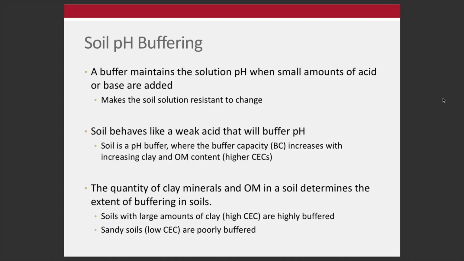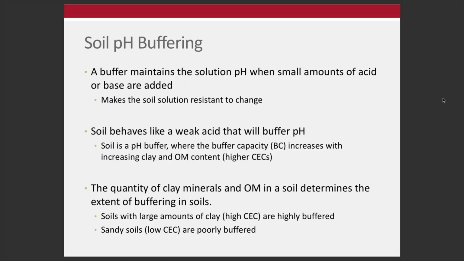We can apply it to other nutrients as well, but it's particularly relevant for pH and the ability of the soil to resist changes in soil pH. A buffer maintains the solution pH when small amounts of acid or bases are added.